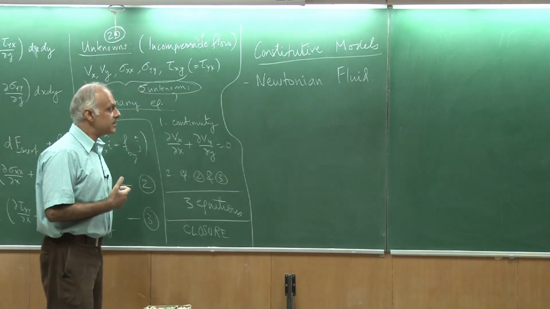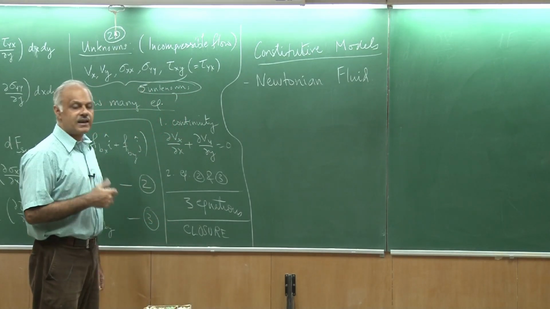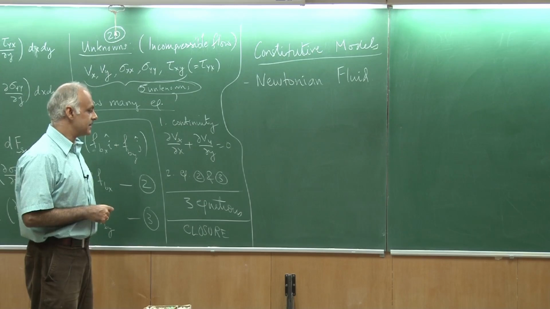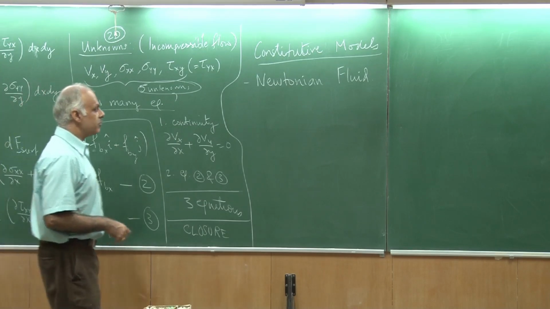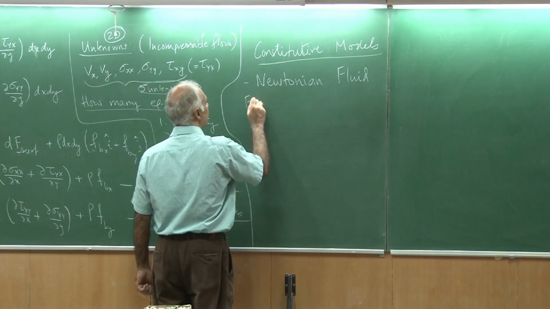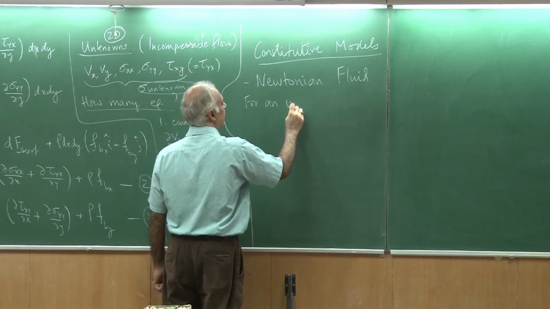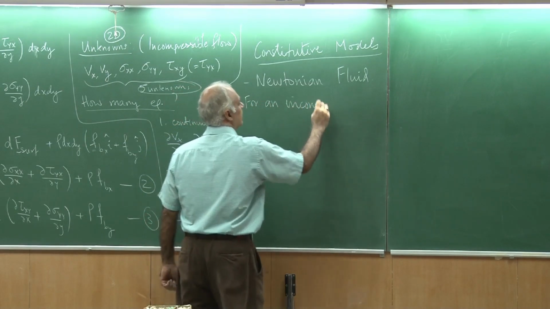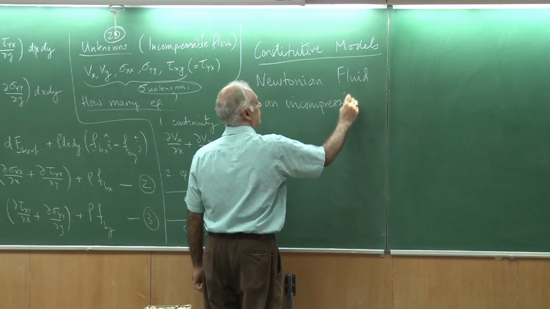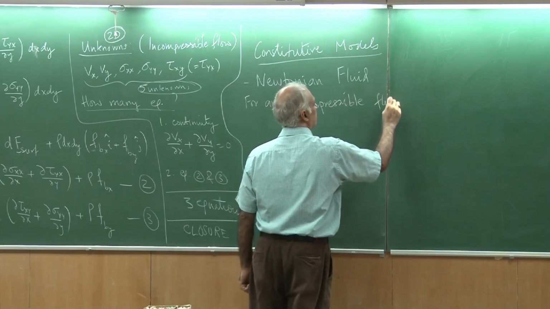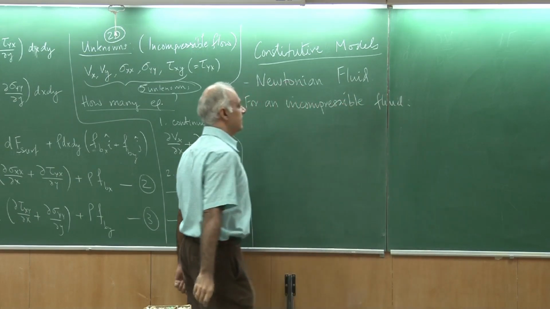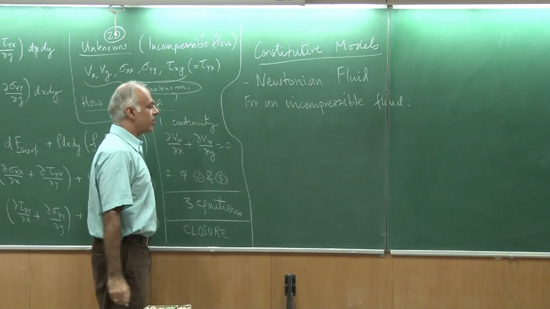Hopefully, you will be able to appreciate why we make these models and how they help us. So, please recall that for an incompressible fluid, the Newtonian model is the following.